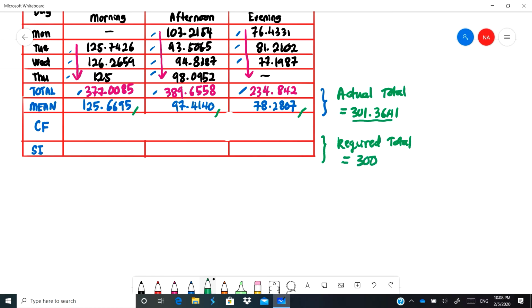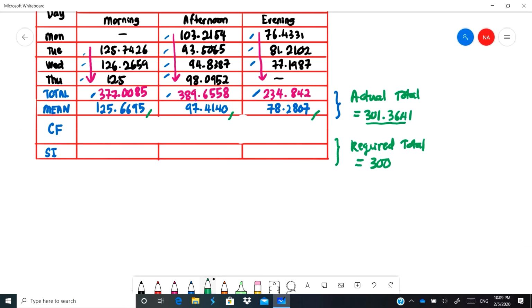So we have 300 divided by 301.3641. That one is the correction factor.